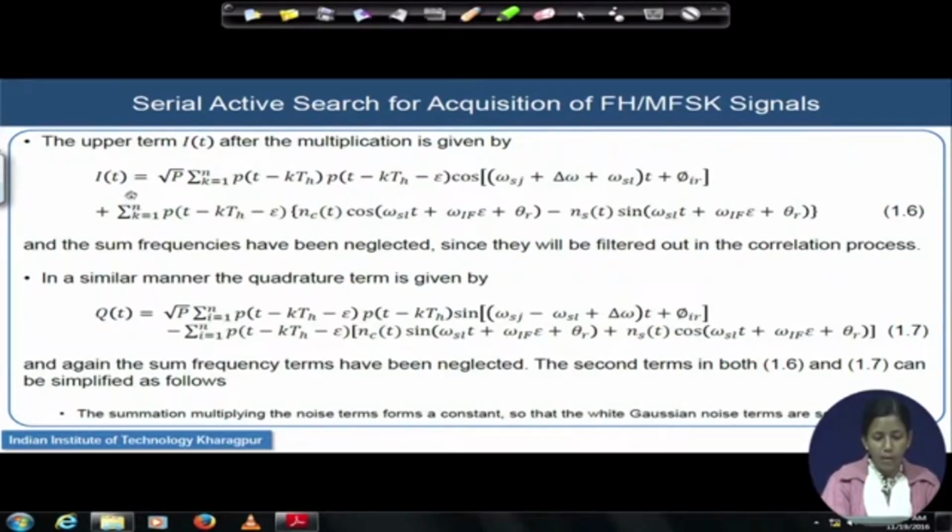This in-phase path, we understand from the last equation 1.5, will have the detected signal, I mean the cos section, multiplying.